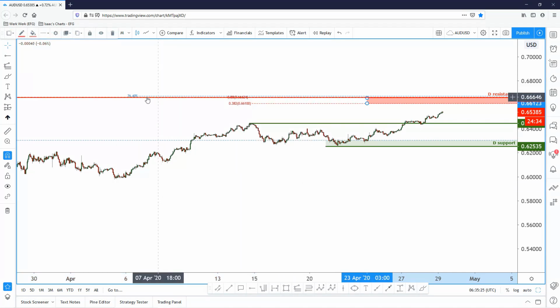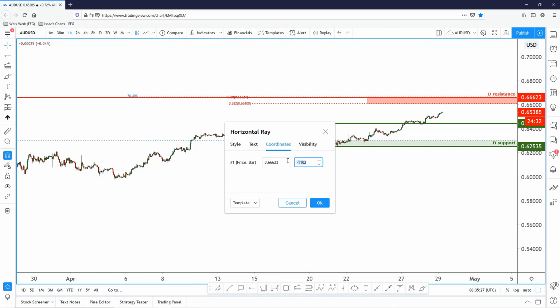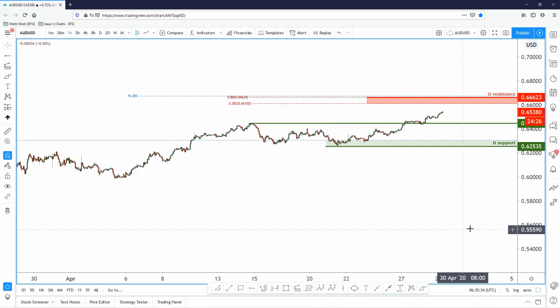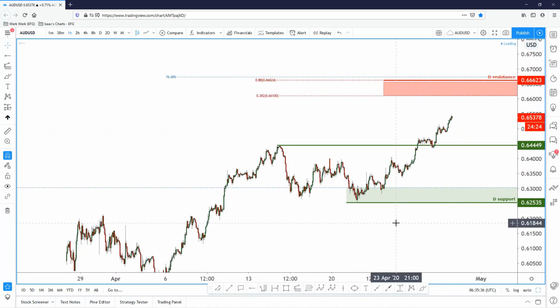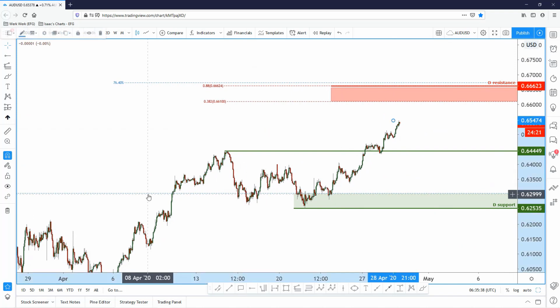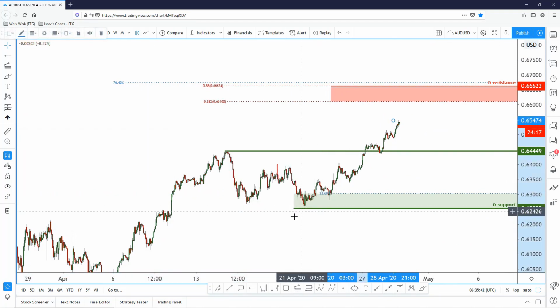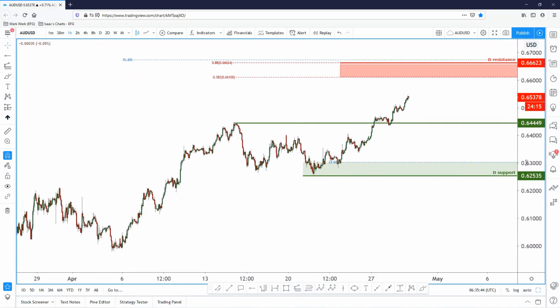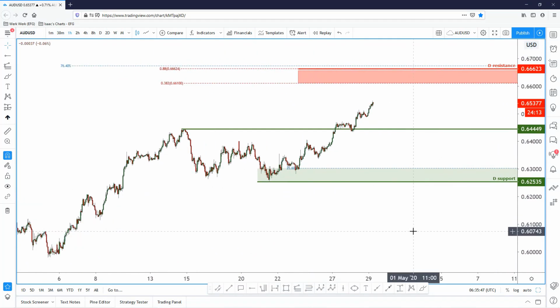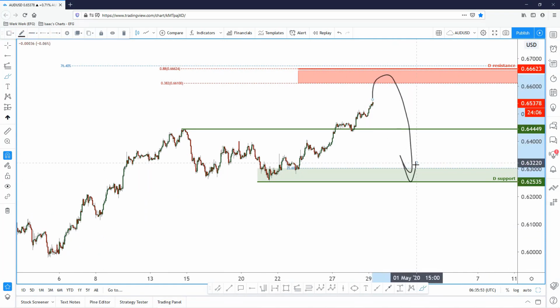Okay. Just let me pull the line properly. Okay. So this is what we have, right? And like I said, price could push into the daily resistance before coming back down.